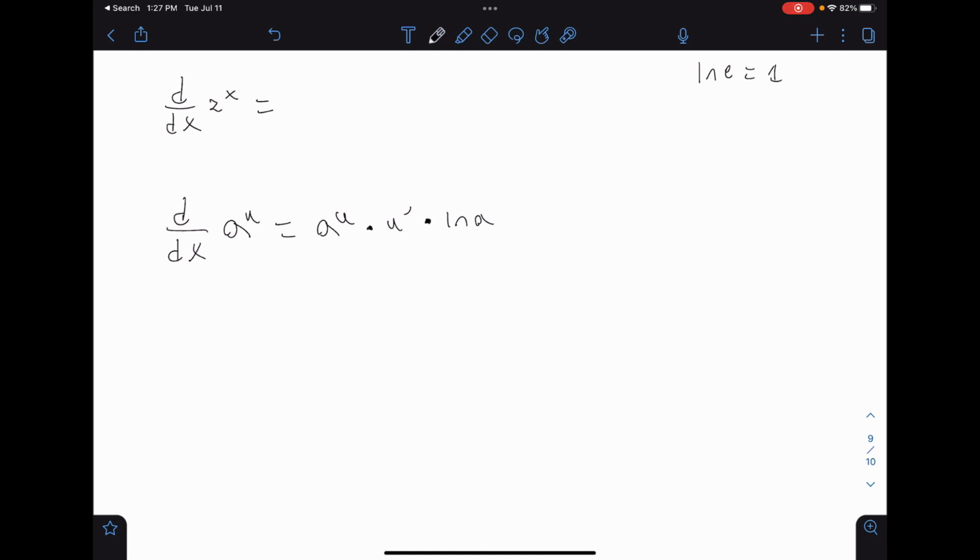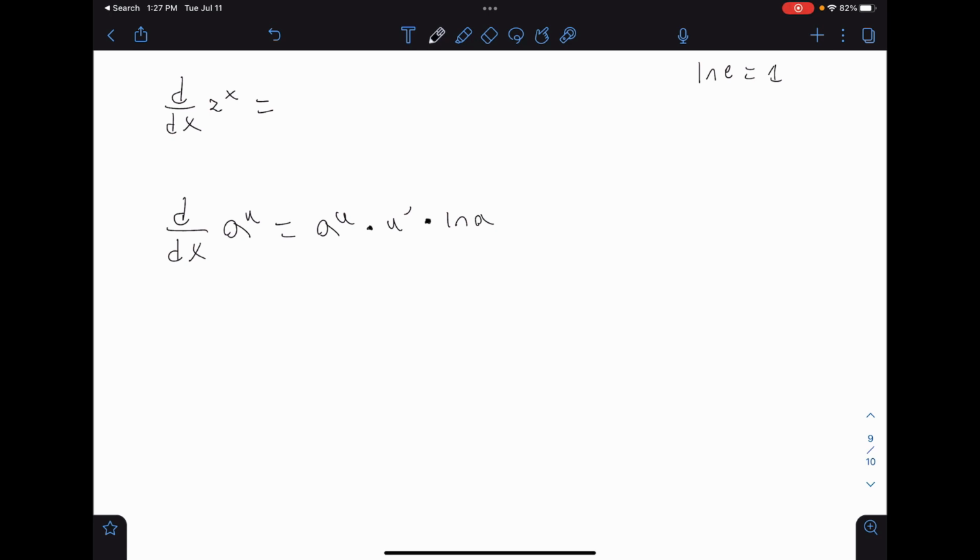And we didn't need to do this with exponential functions because it would have been ln e, and that's just equal to 1. But for a constant raised to the power of a variable here, we need to account for it. So let's do an example here.